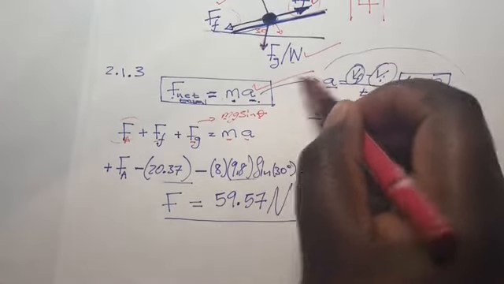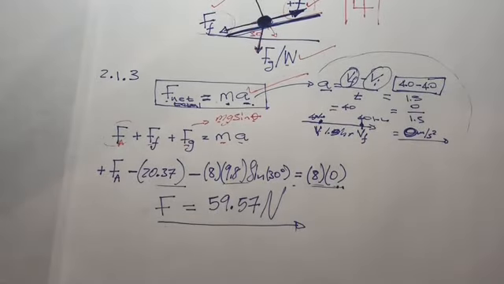You score a free mark by copying the formula from the formula sheet. By just writing it down, you score a mark. Let's see where you score additional marks.